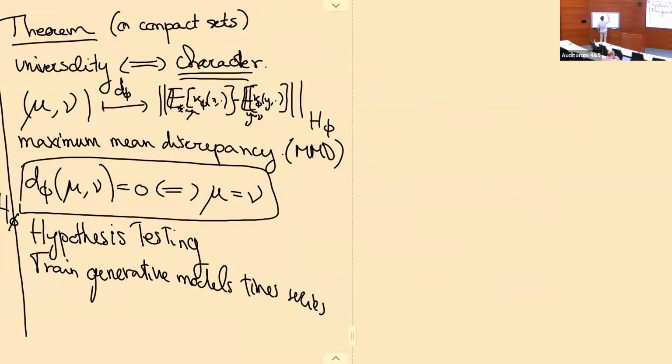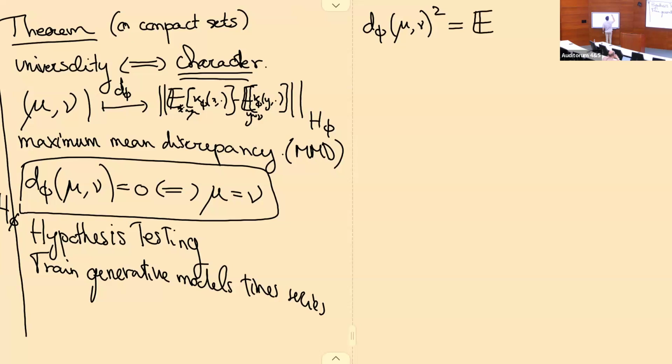If you take d phi of mu, nu and square it, things are easier: you end up with the square of a difference, so you get 4 terms corresponding to inner products, and you can exchange expectation and inner products to get the following.